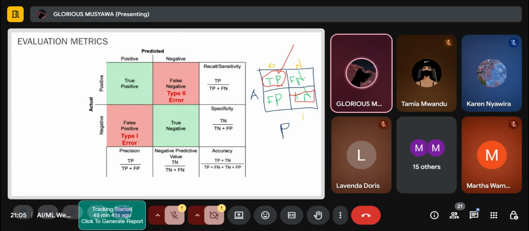So it's a false negative. I've already explained true negative and true positive. False negative is where the model has predicted everything wrong, and false positive is where the model has also predicted incorrectly. So for these two, they have been placed in the wrong class.